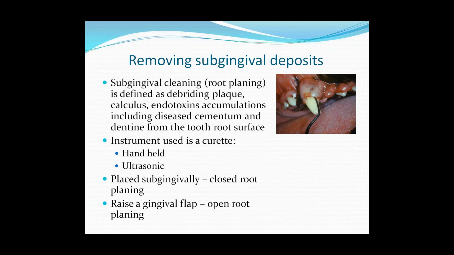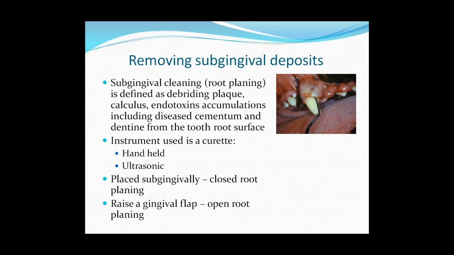So the next step of improving periodontal cleaning is to show you and talk about ways of cleaning the root surface. Cleaning the root surface, in other words, placing an instrument beneath the gingiva and actually scraping and debriding these debris and toxins from the root surface, is called subgingival cleaning or subgingival curettage or root planing.